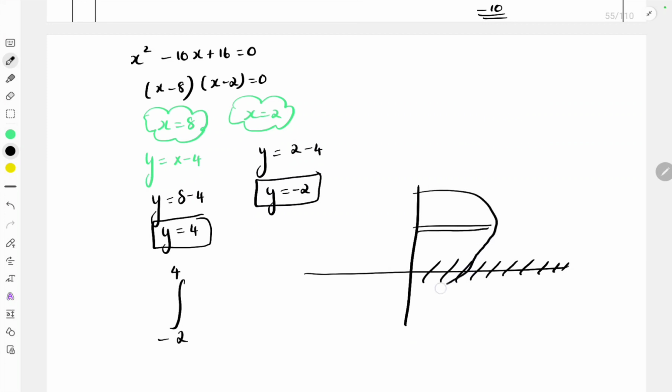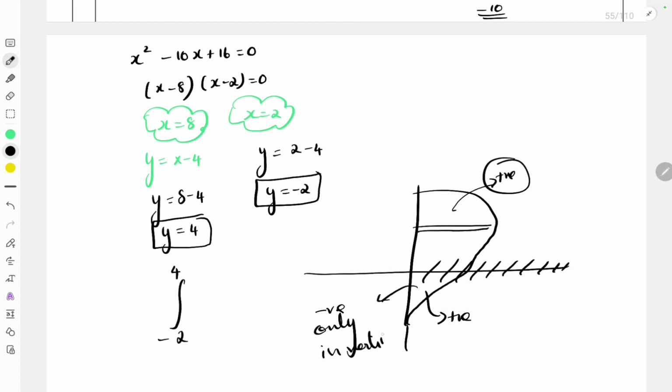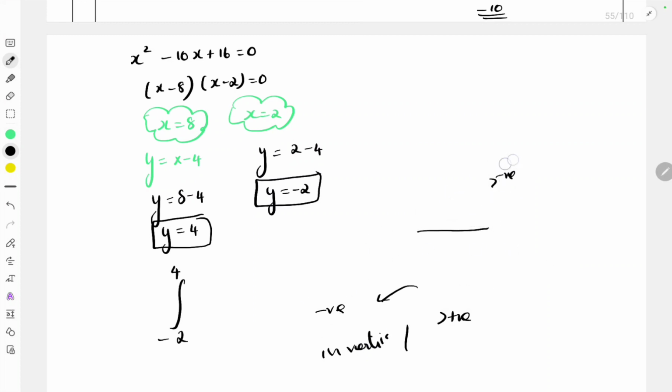Whatever function it makes here is positive, no need to take modulus. It is negative only in a vertical strip, not in a horizontal strip. So no need to put modulus here, we can calculate directly.